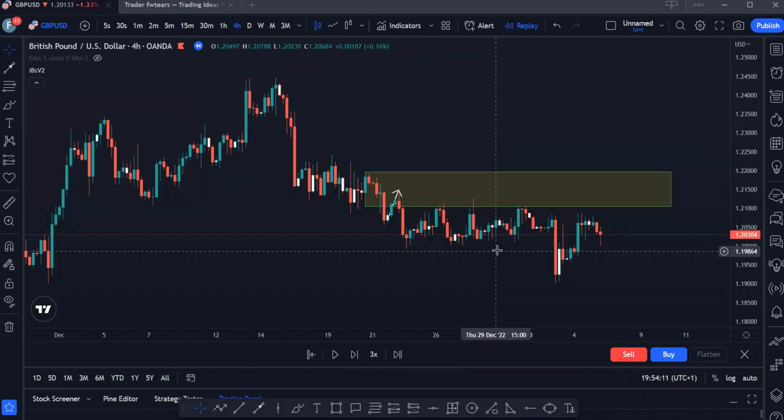I want you to start looking at the charts this way: identify the trend, and then wait for price to retrace into a support or resistance zone before you start looking for entries. As you have noticed, I have not said anything about confirmation or how to take entries based on support or resistance, because that is not the goal for you right now.